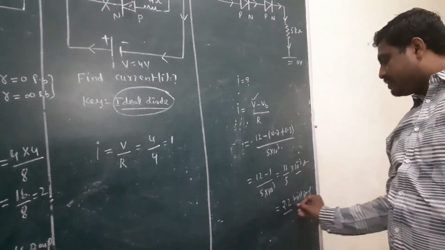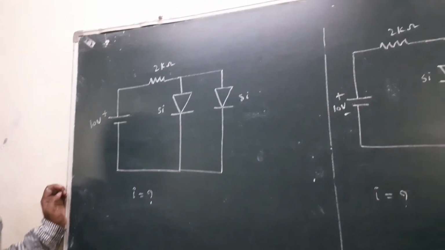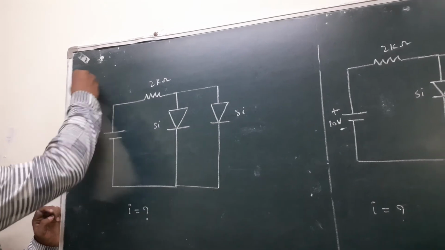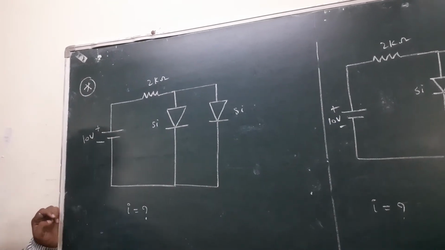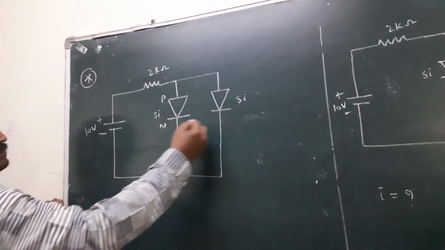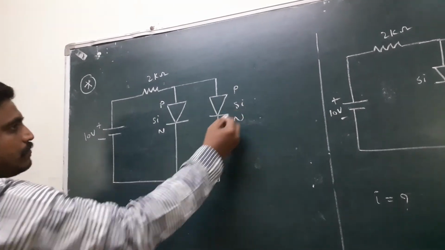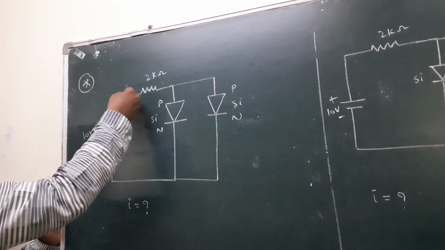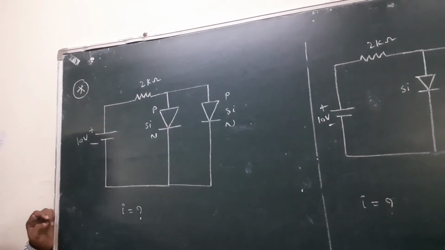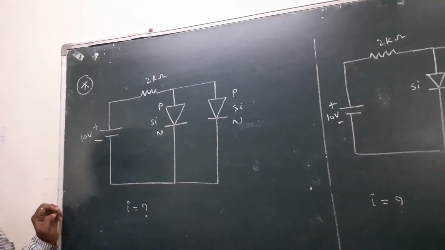Next, I discuss another model. Look here at this problem, according to the diagram. P is connected to positive. That means both the diodes are forward bias.